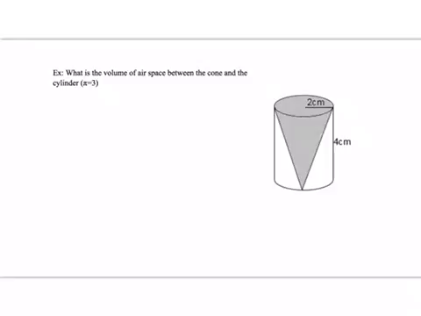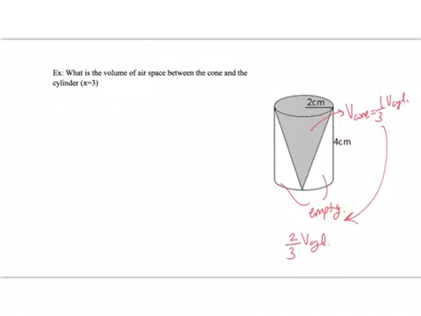What is the volume of airspace between the cone and the cylinder? These parts are empty. So as you will remember, the volume of cone is 1/3 of the volume of the cylinder. So how can we relate this? Then 2/3 of the cylinder is empty.